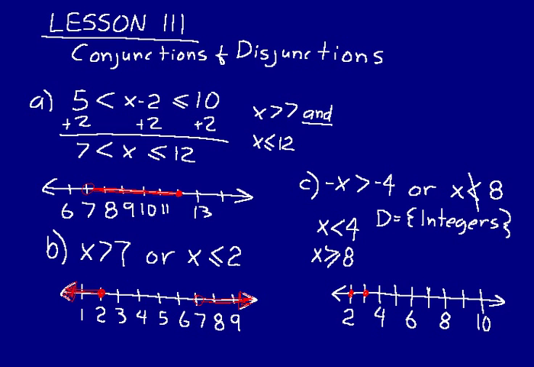And so we'll put a dot there, shade in the arrow. x greater than or equal to 8, we will include 8, 9, 10, and we'll shade in the arrow to show that we're continuing on. Disjunctions, they go away from each other. Conjunctions, they go towards each other. Okay, well that's all for lesson 111.